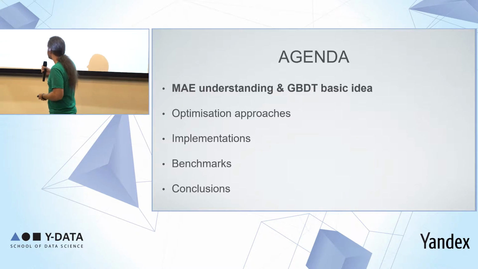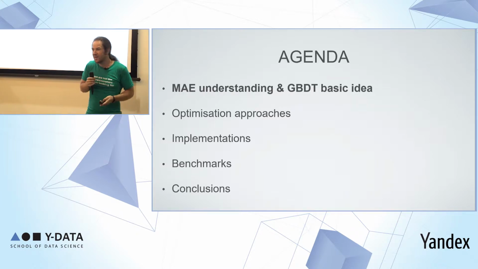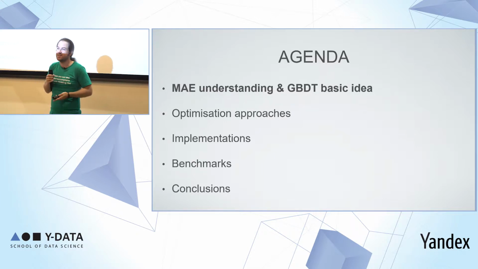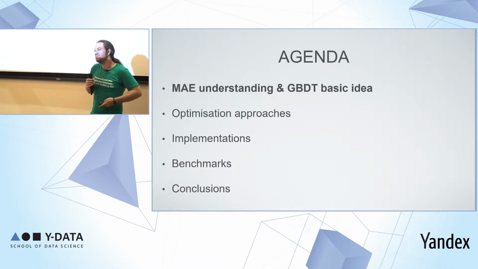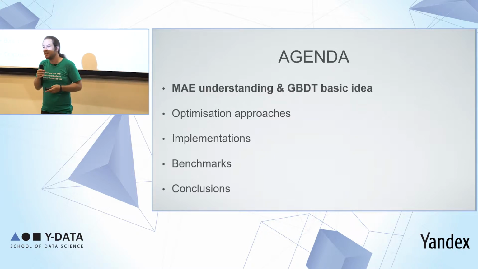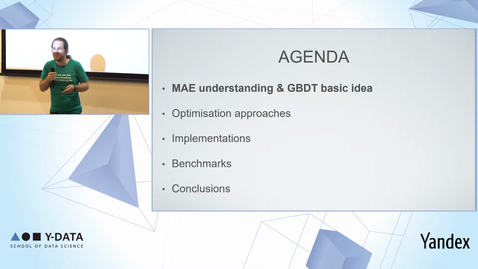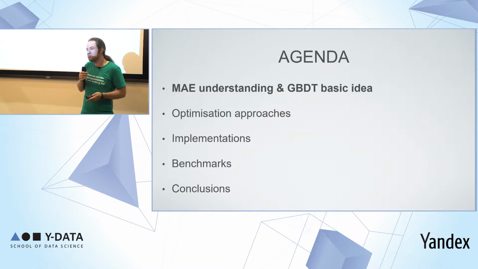So what I would talk about is, first of all, I want to give you an idea what mean absolute error is and how gradient boosting decision trees are working. Because I was told that there probably would be some people who don't know or know just a little about gradient boosting decision trees.